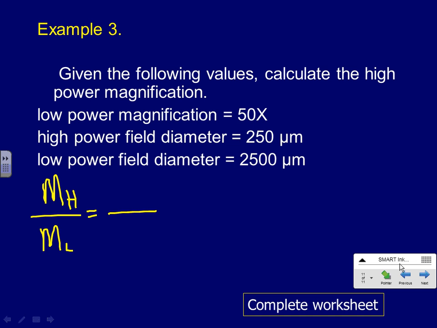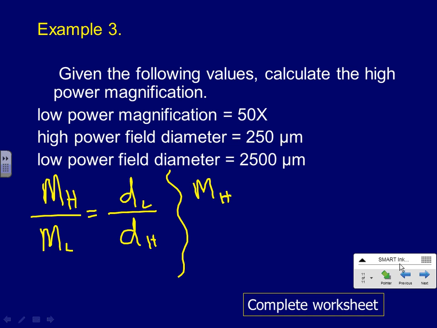DL, because I had MH on the top on this side. And as long as we've got the inverse, it doesn't matter how we write it. It's going to be correct. So now we can solve it very much like we solved the other problems. Mathematically, we're going to multiply both sides, but it means we don't have to do any other tricky math. It saves us some math work here.